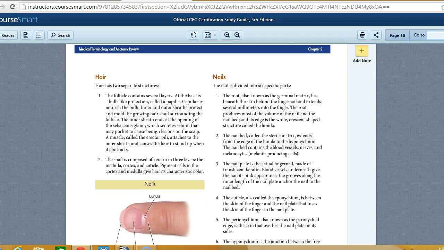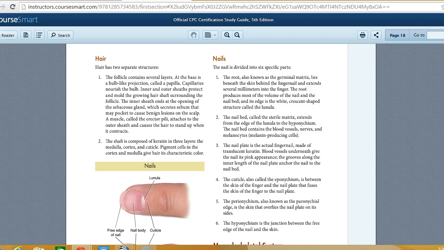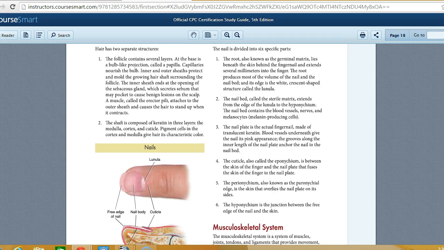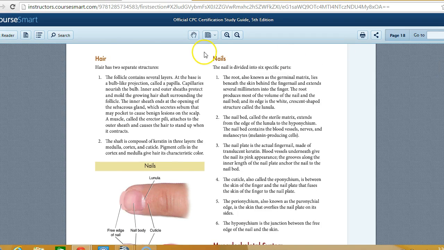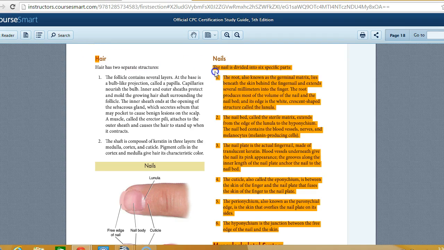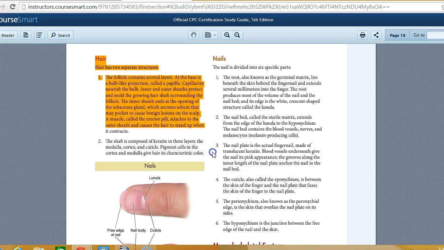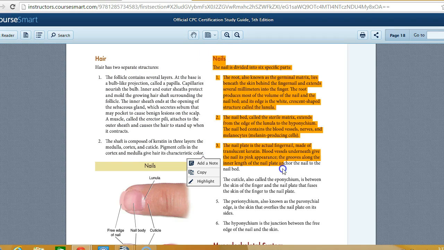Hair and nails. Now you all, I've seen several tests. They do compose questions when it comes to the hair and nails. So make sure, and I'm going to highlight all of this, make sure you know what is found in the hair, what part of the body is the hair, how is it composed. The nails, what's all considered to be a part of the nails. Okay.